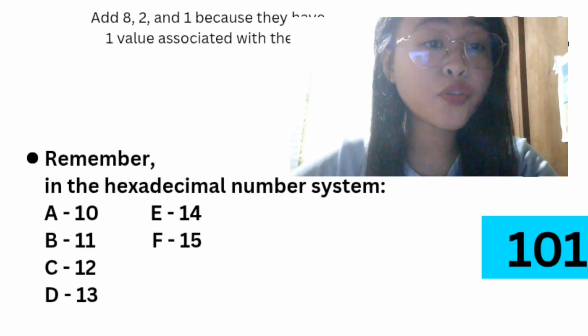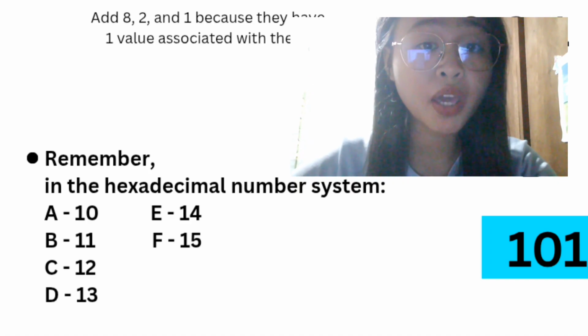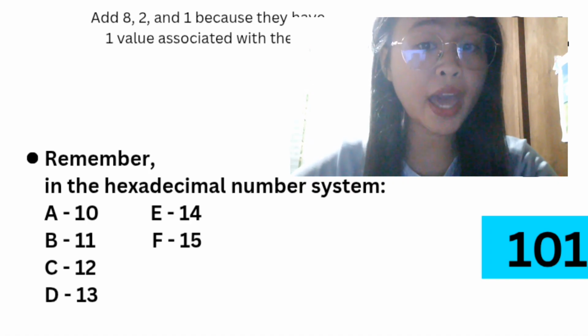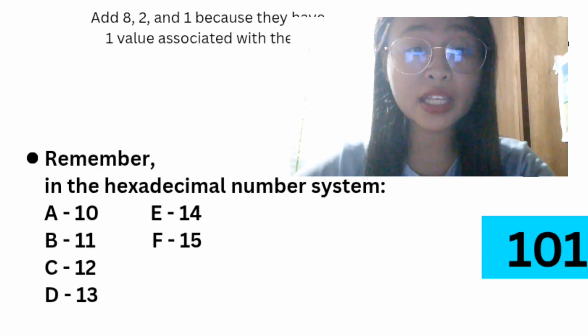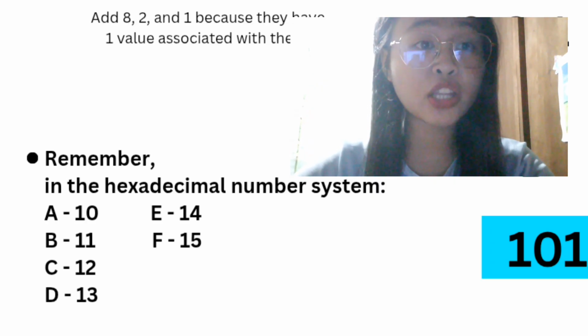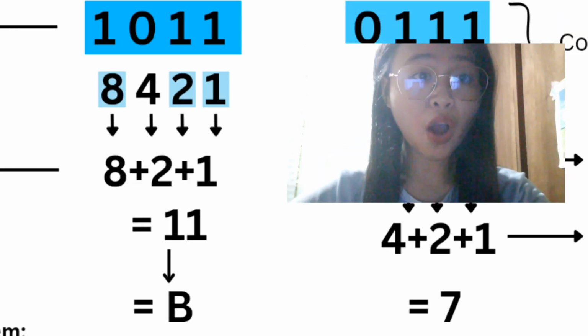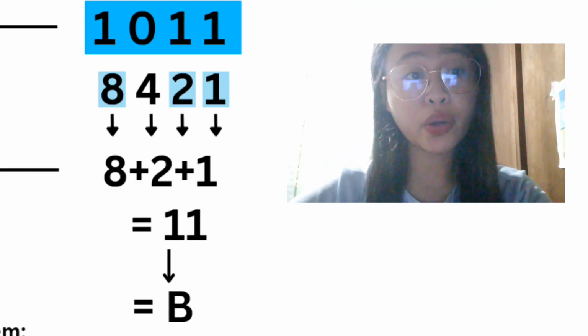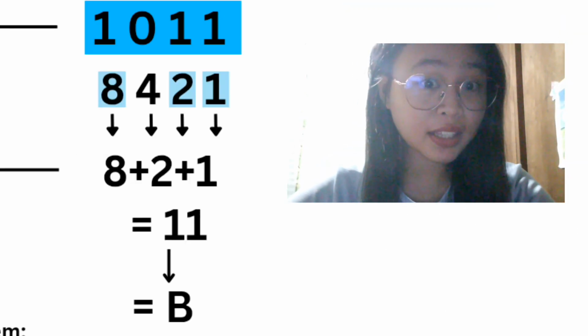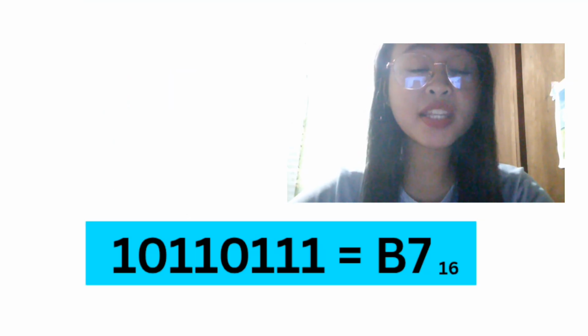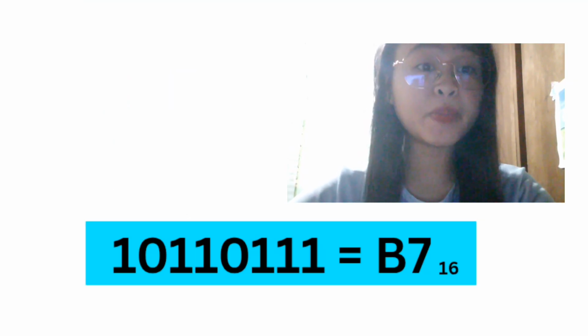Now, we have to remember that in the hexadecimal number system, A is equivalent to 10, B is equivalent to 11, C is equivalent to 12, D is equivalent to 13, E is equivalent to 14, and F is equivalent to 15. Now, what does 11 equal to? That's right, it's B. So the final answer would be B7.